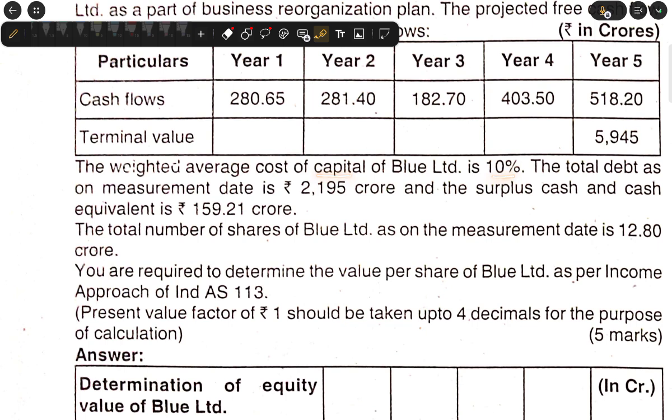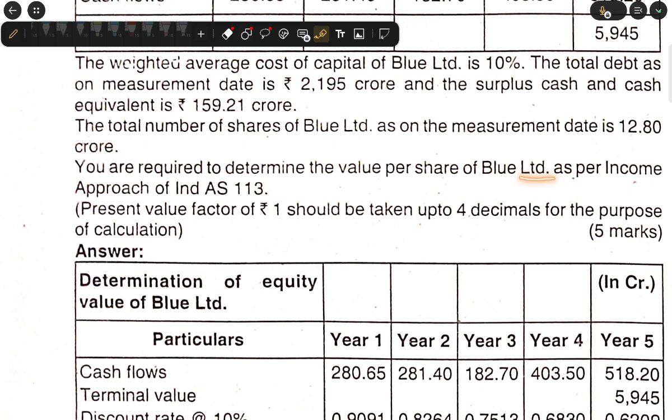Total debt is 2,195 crores, surplus cash and cash equivalents are 195 crores, and the total number of shares is 12.8 crores. You are required to determine the value of the share of Blue Limited as per income tax 1153. The present value factor of 1 rupee will be taken to 4 decimals for the calculation.